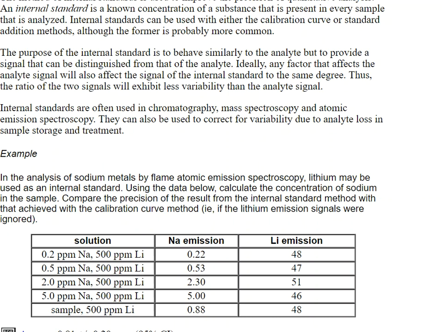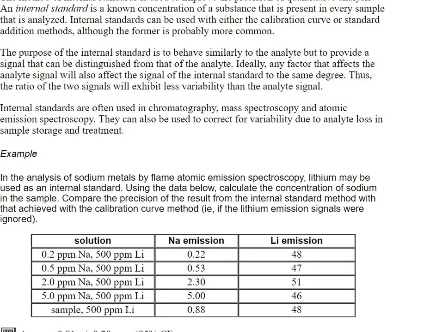So now I need to figure out, well, what do I do with the numbers? After I ran them, these are the signals that I've achieved. 0.22, 0.53, 2.35, and 0.88. But I'm also including lithium: 48, 47, 51, 46, 48. Remember, for internal standards, the areas and the signals, theoretically, should be the exact same number.